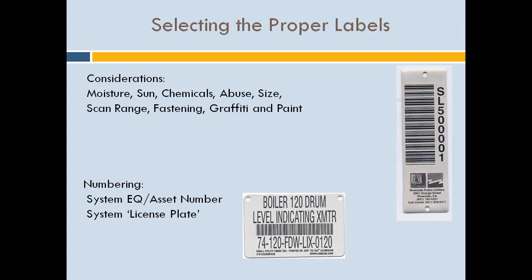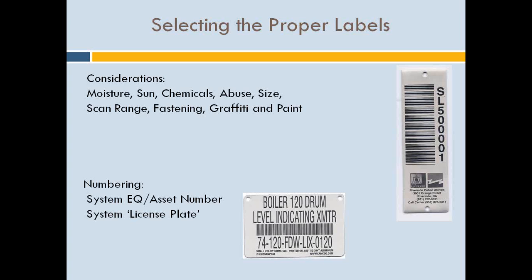So in this case, it's what's called intelligent labeling or numbering, where they're actually using the equipment number or asset number already in their CMMS or computer system. In order to do this, obviously, it's a little more complex in applying the label because you have to make sure that you apply the label to the correct asset. But the benefit of it is there's actually information specific to that asset on the label.